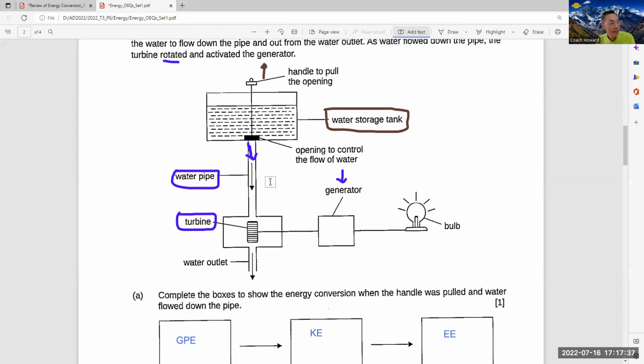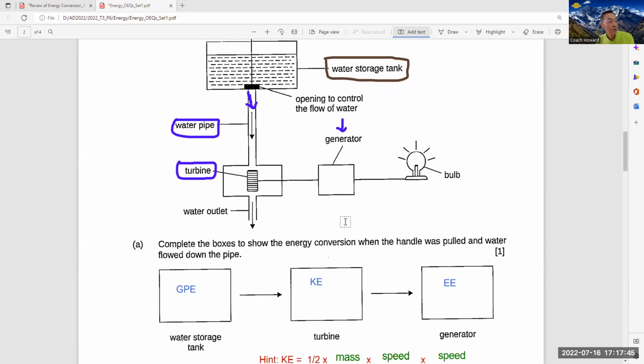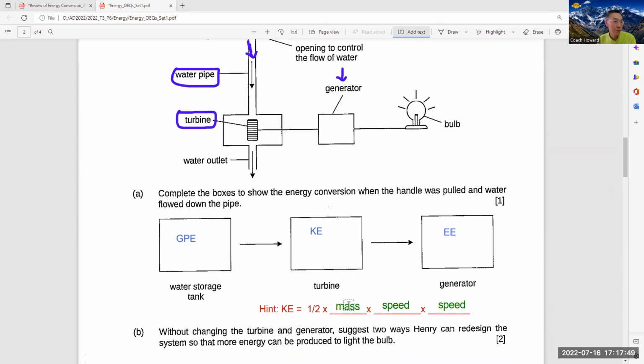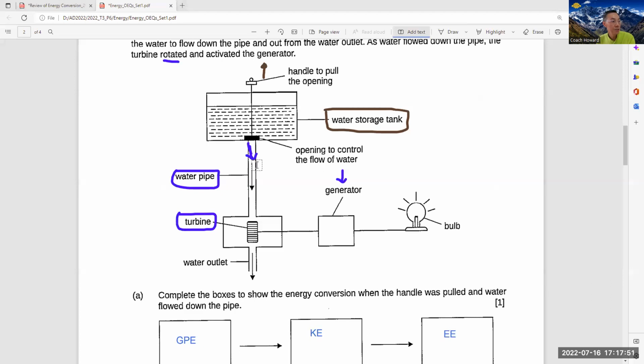I can make this higher. So the first suggestion is move the storage tank higher. The second one is I want to increase the water flowing through, because if we increase more water, the mass of water will increase. So how to increase more water? I could change the pipe to a wider pipe.